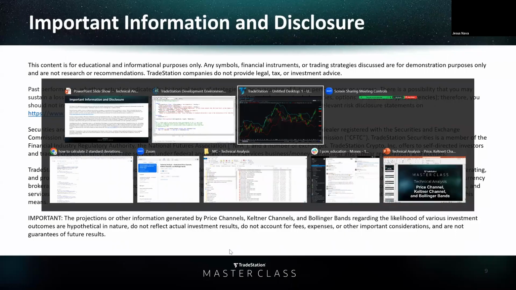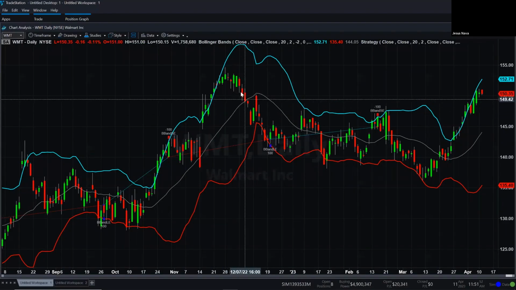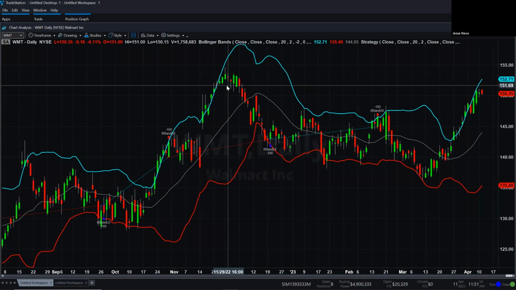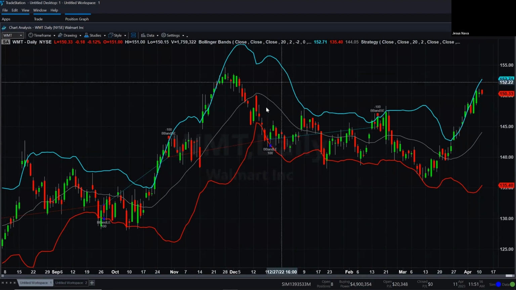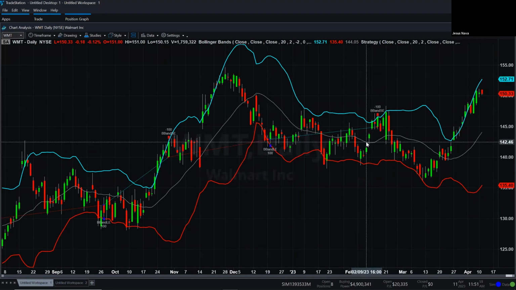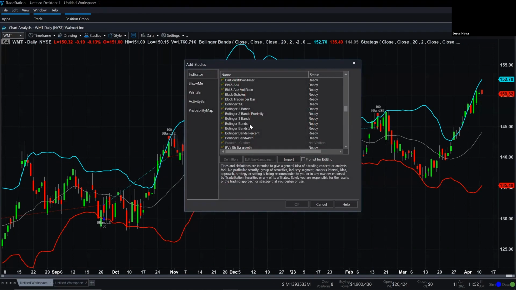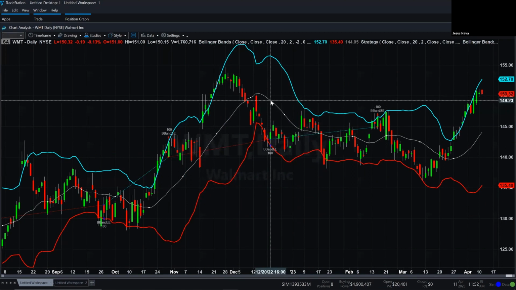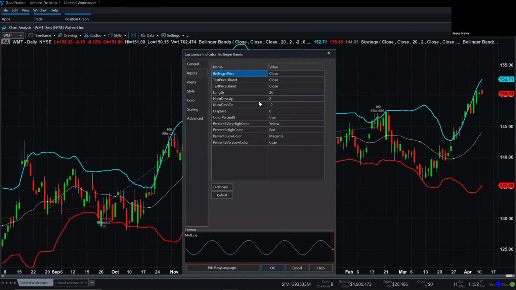I didn't show you this, but if you want to have additional lines based on other standard deviations, let's say, for example, you want to see the 1 standard deviation, what I recommend is probably add the study a second time. So I can add the Bollinger Bands another time, and I can change the style of the second one.